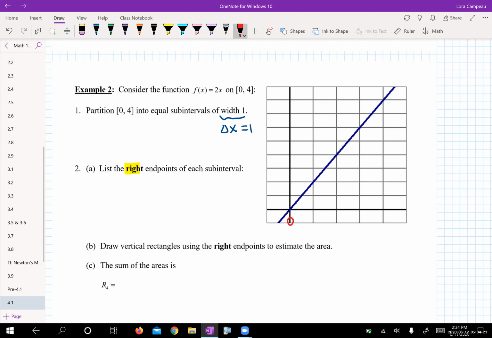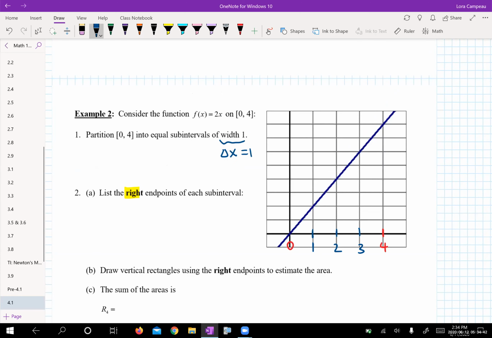So we have 0, and then 1, 2, 3, 4. And we'll still look at making the subdivisions or the subintervals. So if it's with 1, then you are marking what's happening at 1, 2, and 3.